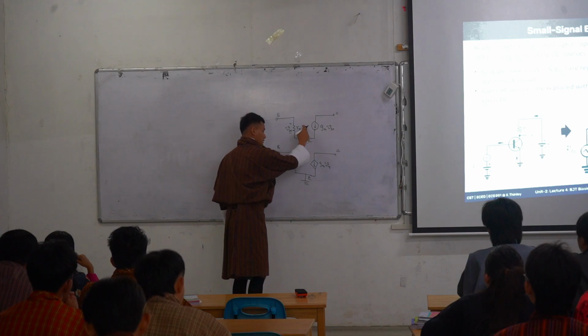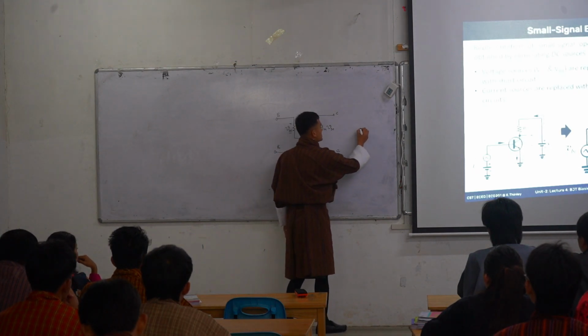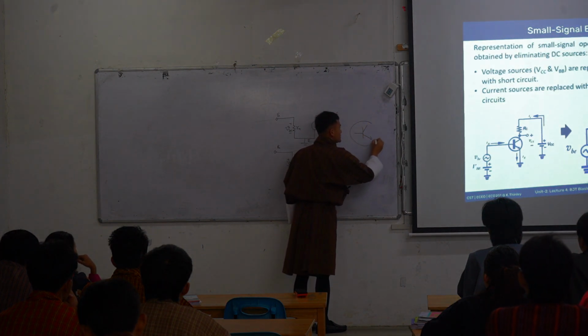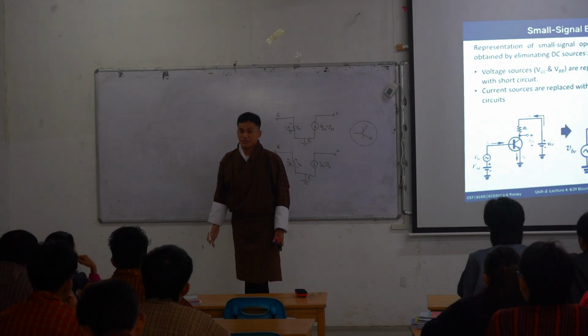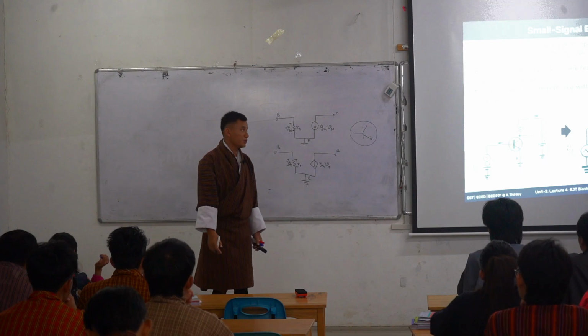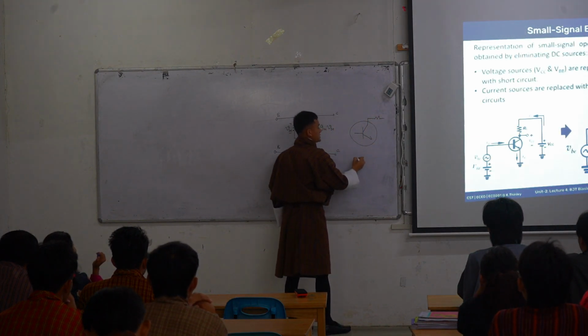So remember these two representations, which are your hybrid pi model, is just a representation of this particular symbol of your BJT transistor in small signal. We are not representing any form of resistor here.